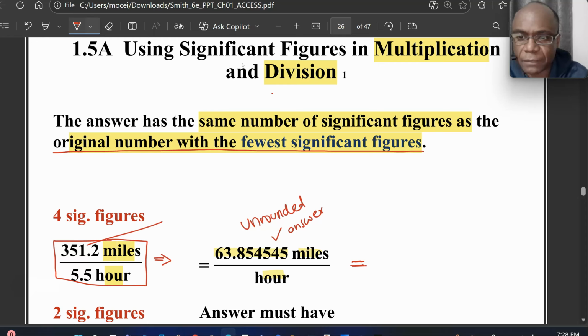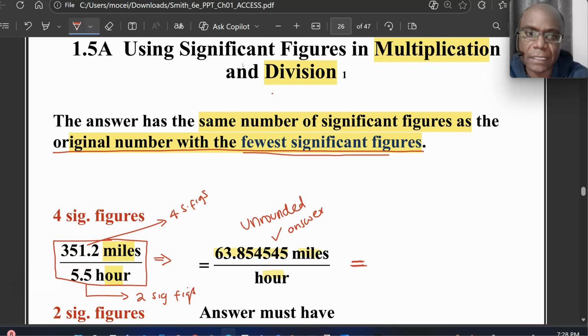How many significant figures are in 351.2? There are 4 significant figures. How many significant figures are in 5.5? There are 2 significant figures. So our final answer must be reported to 2 significant figures because that is the original number that has the fewest significant figures. That is the rule that we follow in multiplication and division.